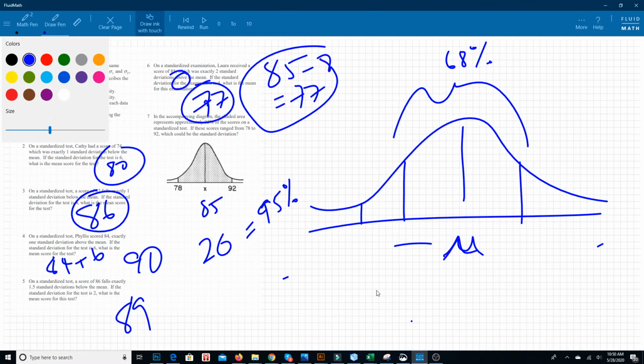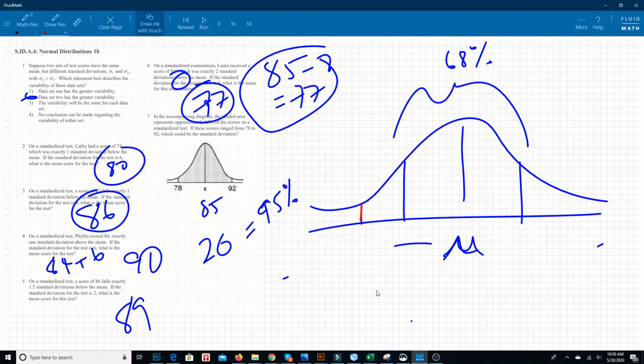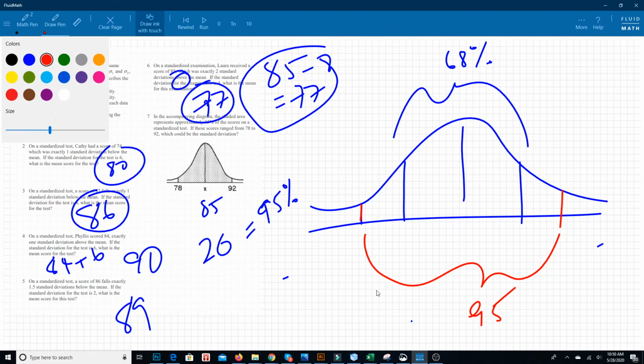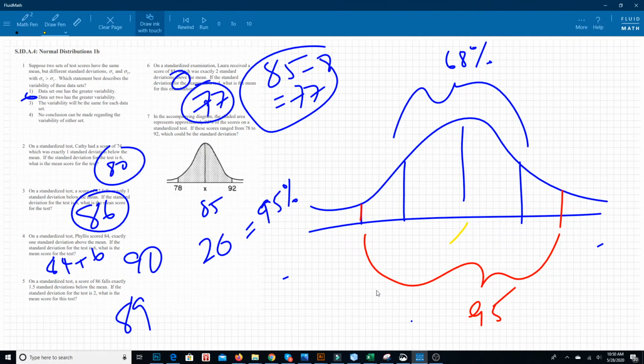2 standard deviations, right? That's 95% confidence. This is mu. All right. This is 95% confidence. And now 95% confidence is 2 standard deviations or 2 sigma.